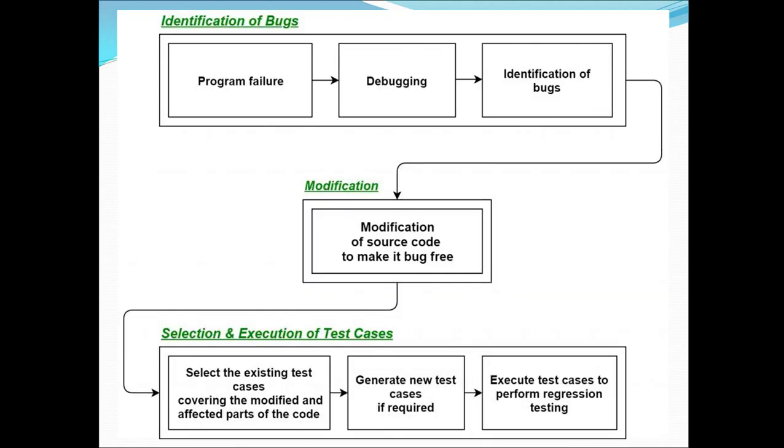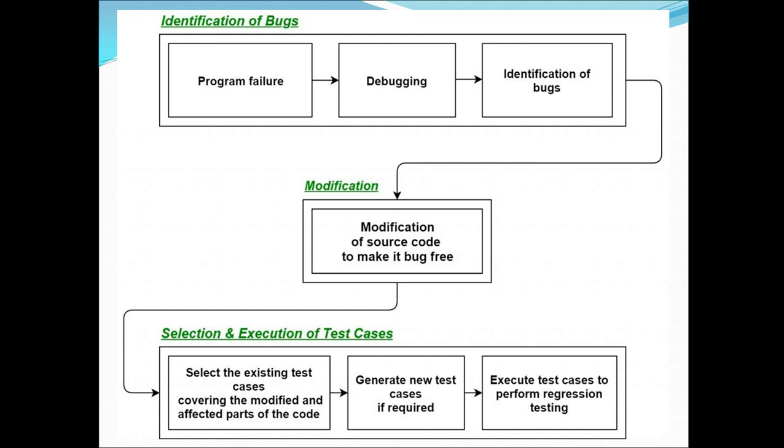This diagram clearly illustrates program failure. The first one is the first phase, which is the program failure. When we add a new module, new functions, menus, icons, buttons, the developer must change the code.